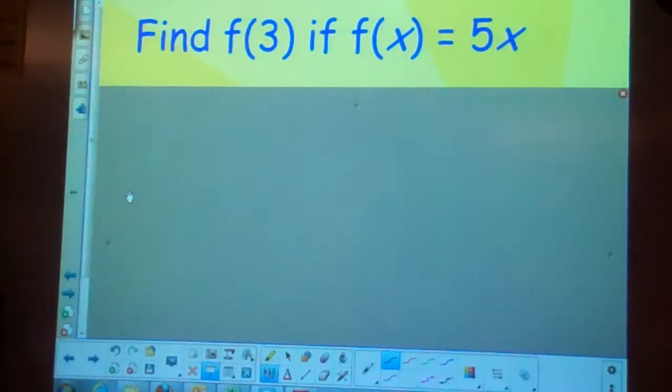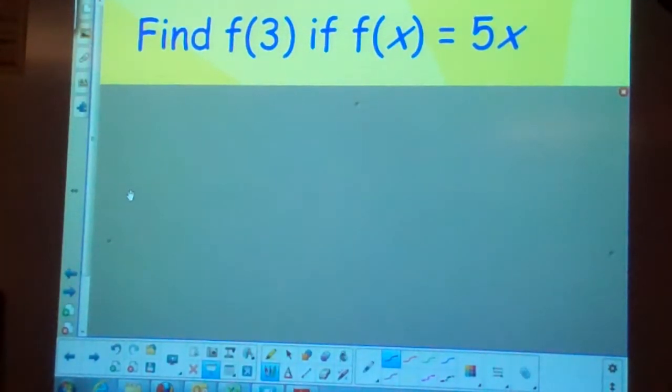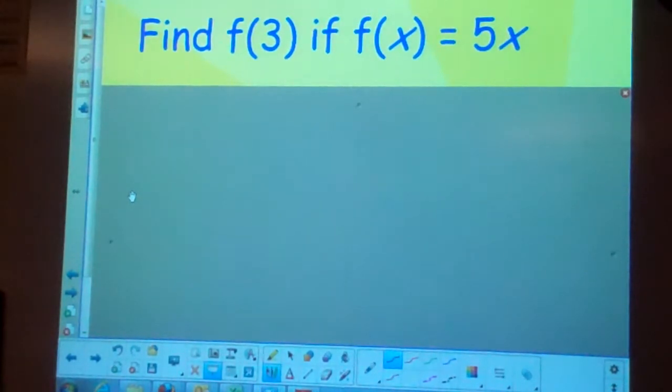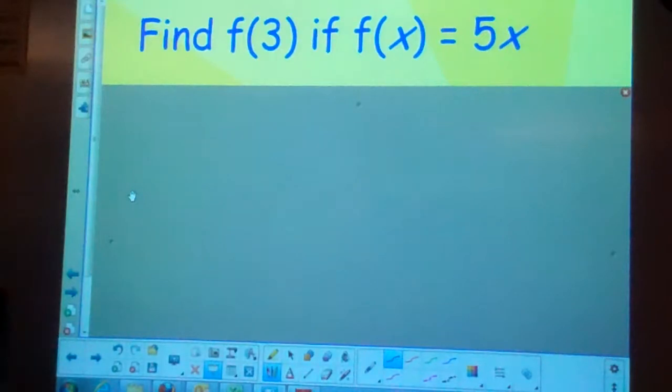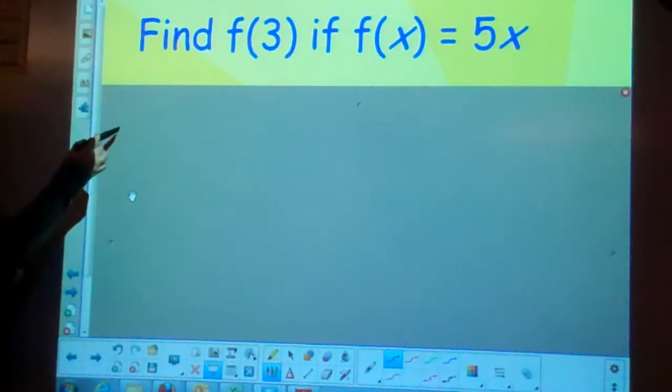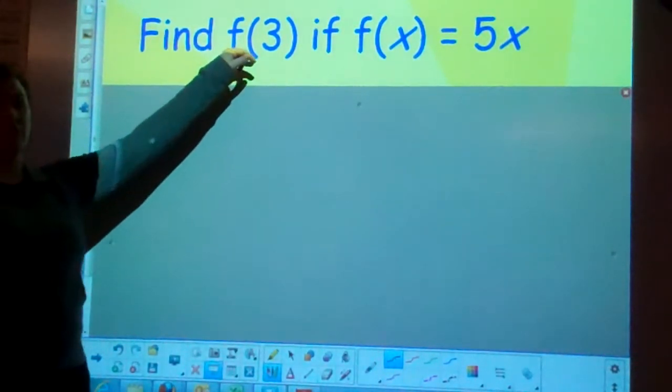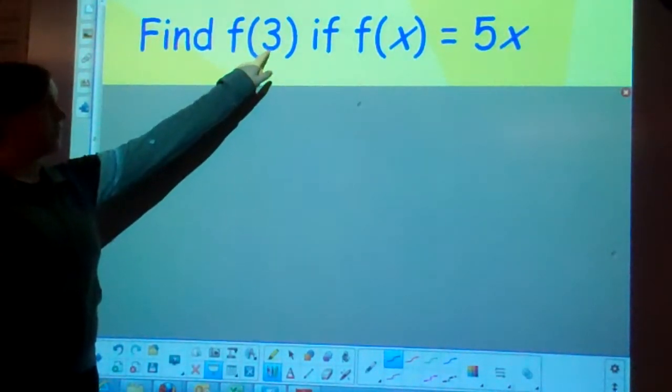So what about this? Find f of 3 if f of x equals 5x. So that means we want to solve this function when x is 3.